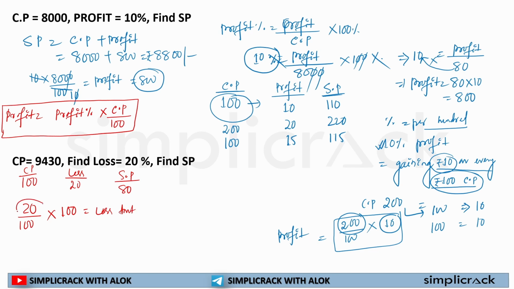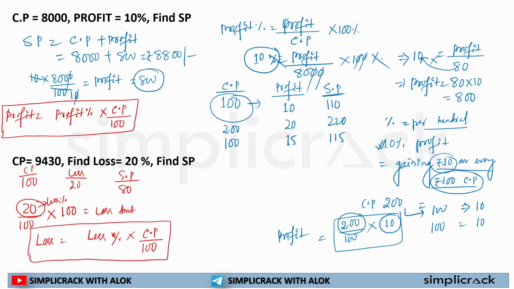So the formula for loss is equal to loss percentage multiplied by cost price divided by 100. I hope this is clear to each and every one of you.